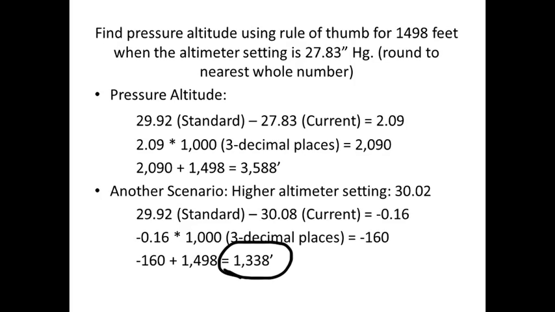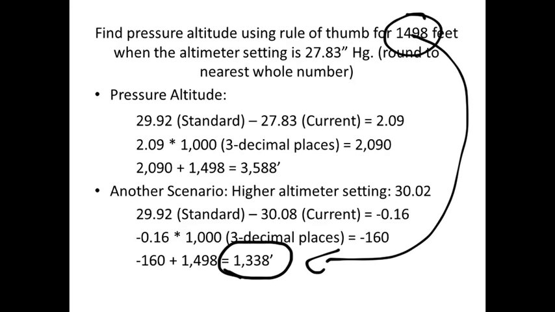So you take the negative 160, add it to your current airport elevation of 1,498, you get a pressure altitude of 1,338 feet. Those are two different scenarios with how to extract your pressure altitude.